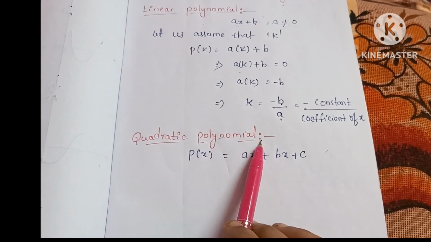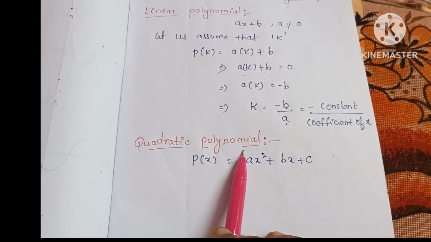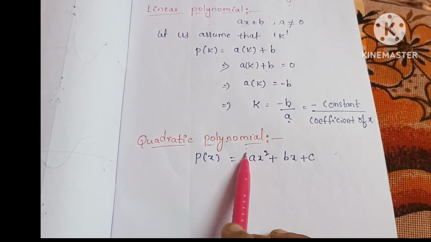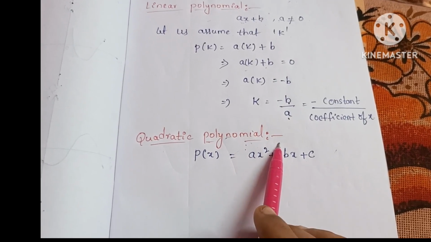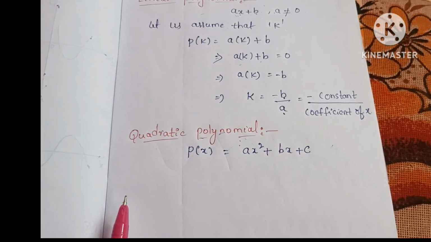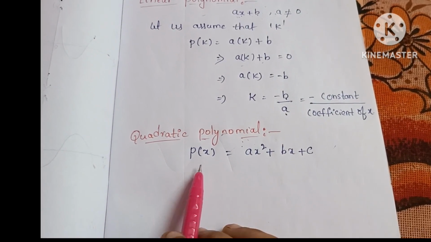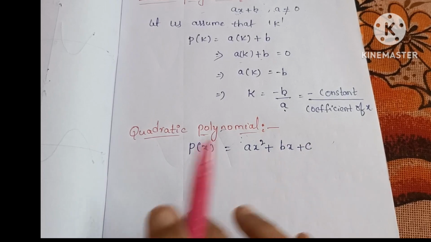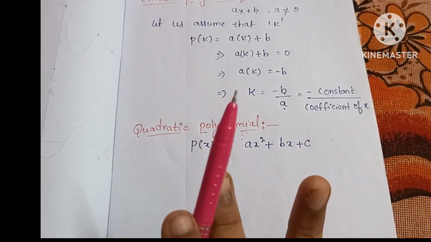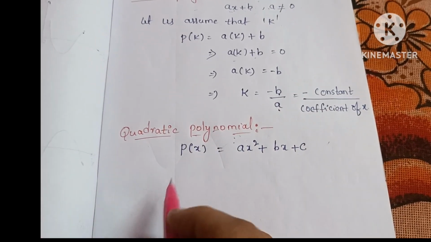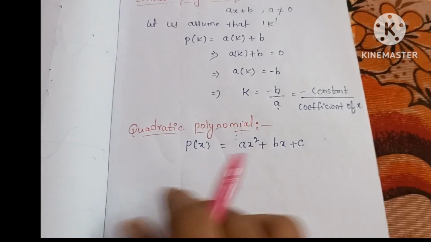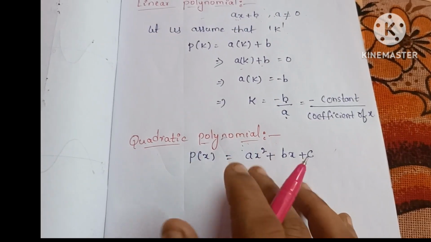But the quadratic polynomial has degree 2, so it will have 2 zeros. It means two values will be there, and substituting those values in this polynomial gives 0.